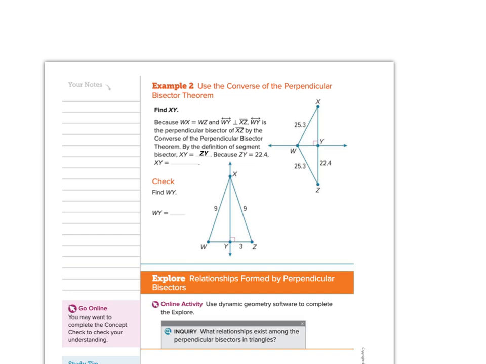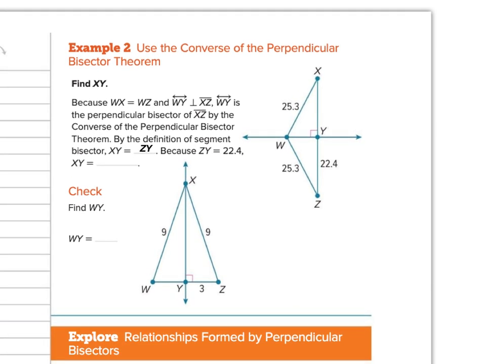The converse works in reverse. So it says if we know that Z and X are equidistant from point W, then we know that that is a perpendicular bisector, and that is congruent to that. And then, of course, this one would be congruent to itself, but it wants us to find what XY is equal to.